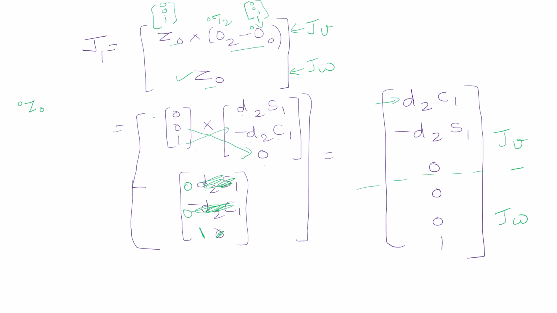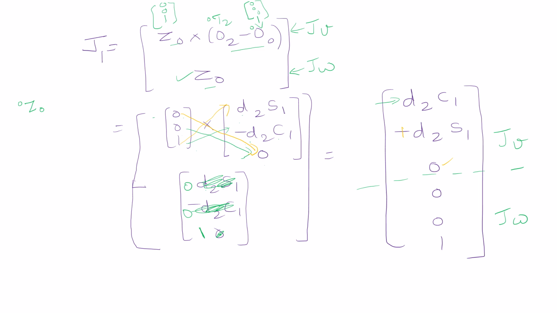And for the second element, because you already have a minus for the second row, it is 0 into 0 minus of minus, so it is positive D2S1. And the third one is simply 0. Okay, so you will be getting 0 here, and then 0, 0, 1. So this is for J1, right?